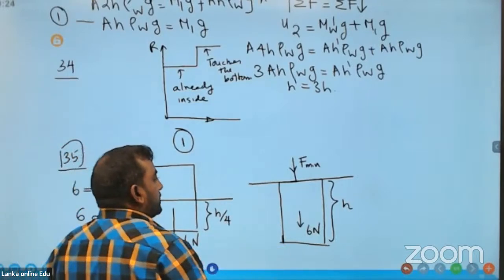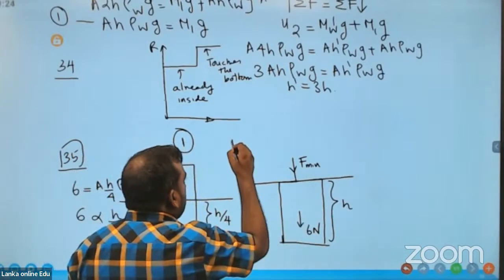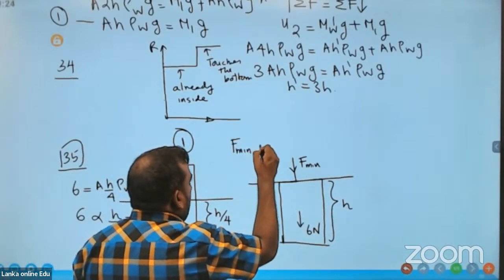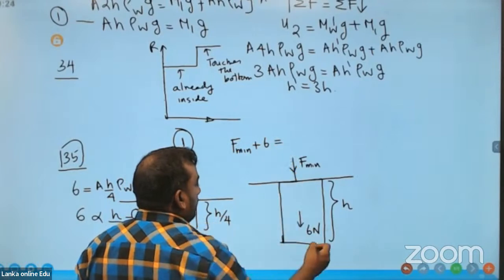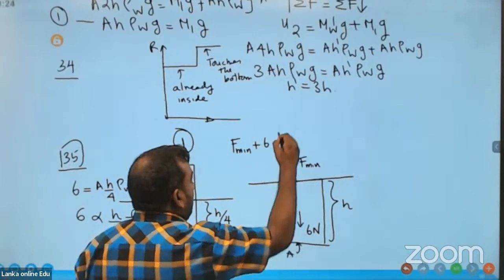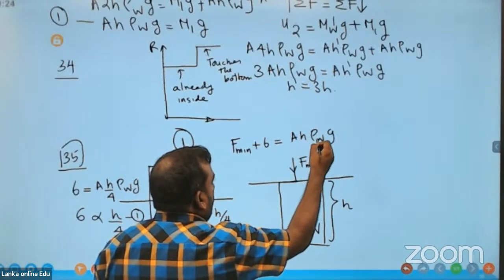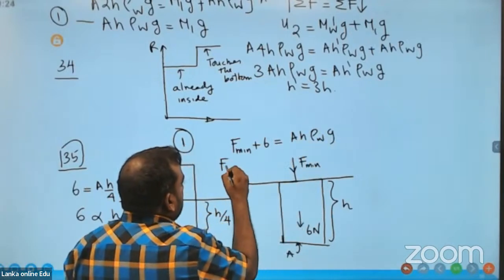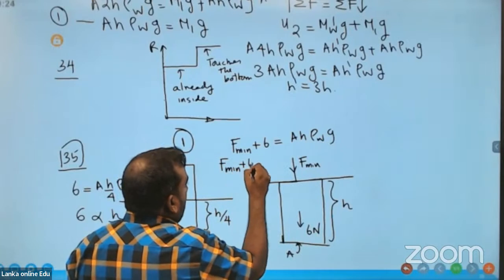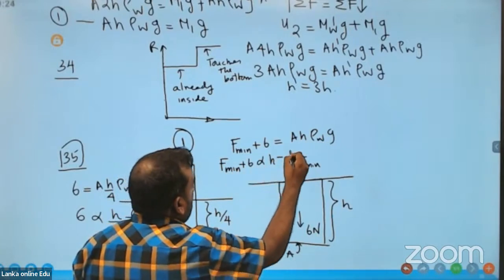Here downward forces balance upward forces. Minimum force downward plus 6 Newton equals upthrust. Area is A H rho_w g. You can see clearly A rho_w g constant. So minimum force plus 6 Newton is proportional to what? H. Equation 2.